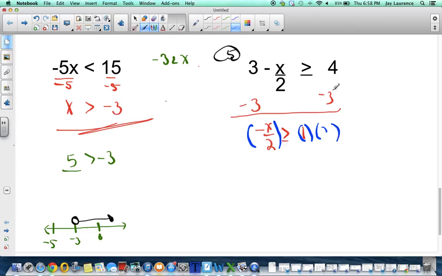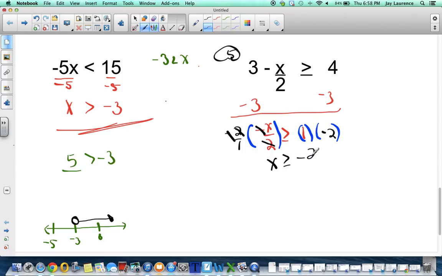Sorry, I started to write the answer there. I shouldn't have done that. I asked you. What's that, Lainey? That's right, Lainey. We're not going to multiply by 2. We're going to multiply by negative 2. So I'm going to multiply by negative 2 over 1 and by negative 2. All right, the 2's will cancel, 1 to 1, and then the negatives will cancel. And x will be greater than or equal to 1 times negative 2, which is negative 2.